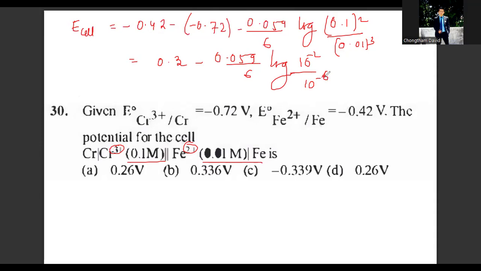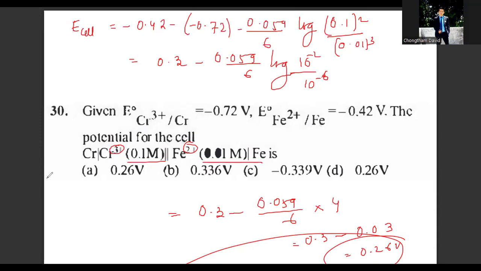Point 3. So if you simplify this, you will be getting 0.3 minus 0.059 by 6. So 0.3 minus 0.03. It would be approximately 0.26 volt. Good. So answer is option A.